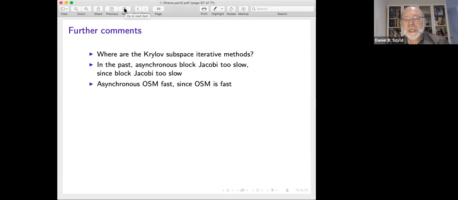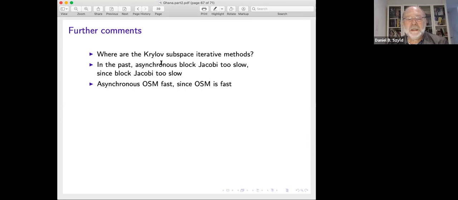Now, many people, as Professor Moore mentioned, know me from my work on iterative methods. So what about the asynchronous methods? Well, we use them inside for large problems. And the other question that I'm asked many times: in the 80s and 90s, people started to abandon the asynchronous methods, mostly because it was mostly for block Jacobi, which is slow.